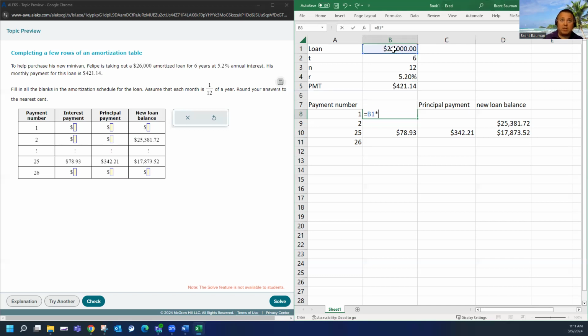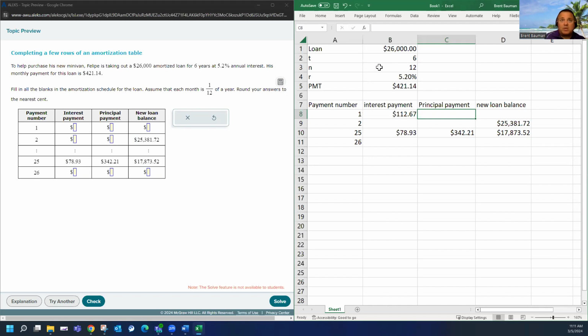And we're going to multiply this by the rate divided by 12, because we're just doing the interest for that month. So you want to make sure that you've taken your annual interest rate of 5.20% and divided by 12 to get it to the monthly interest.